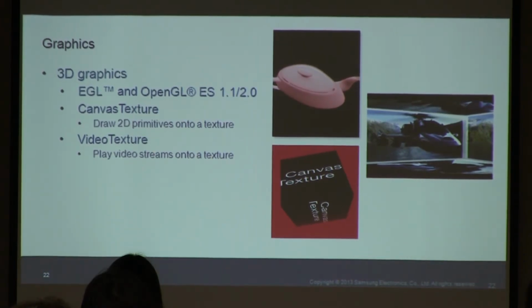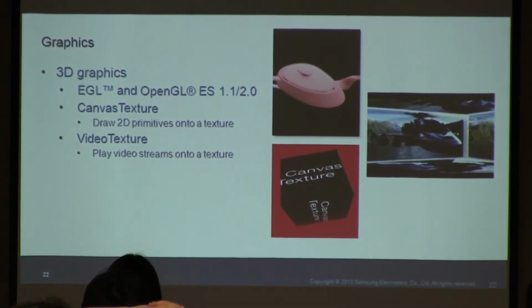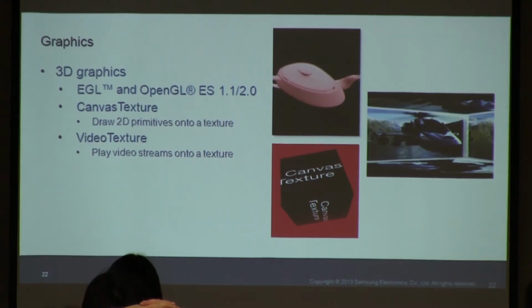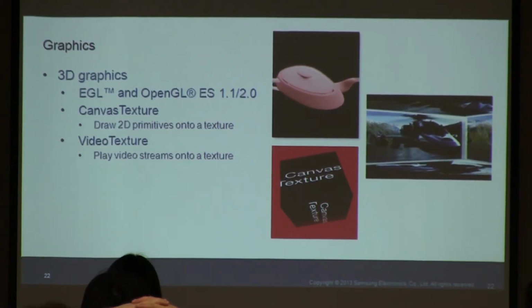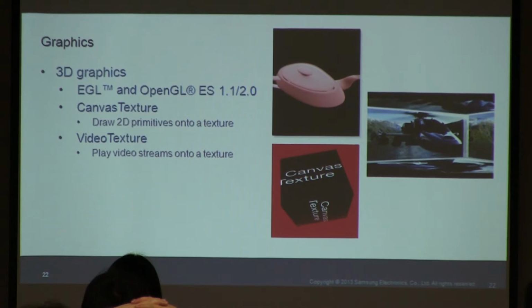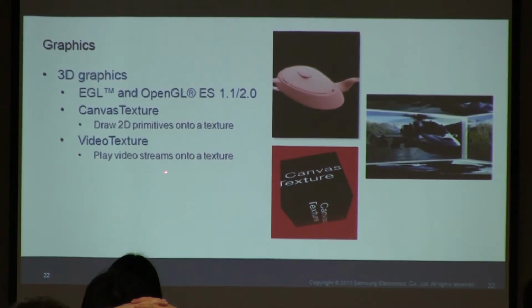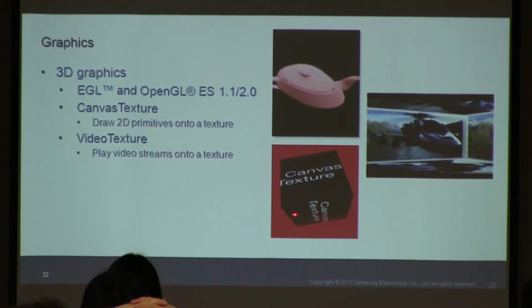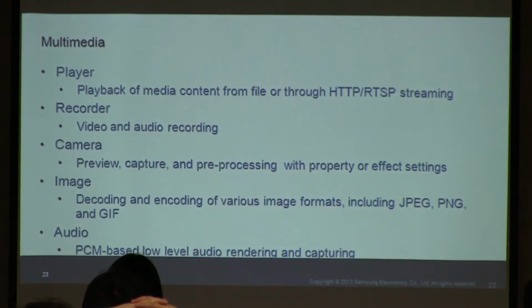And with video texture, even a movie clip can be attached to the 3D object, as a texture, so you can imagine your video playing on the surface of the 3D object. This is surely all possible with pure OpenGL code, but we provide this kind of utility function, so it is very easy to implement this kind of feature.